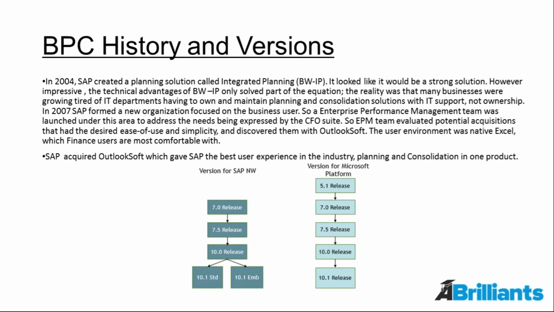So they acquired Outlooksoft. At that point in time, Outlooksoft was a solution already in the market, and finance users were finding it very comfortable to use. So SAP acquired Outlooksoft, which gave SAP the best user experience in the industry for planning and consolidation in one product.